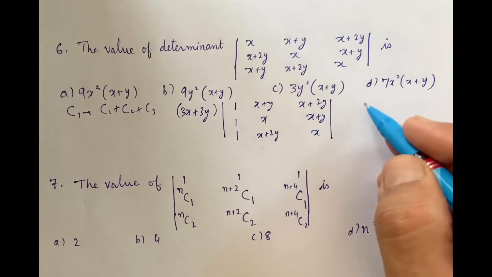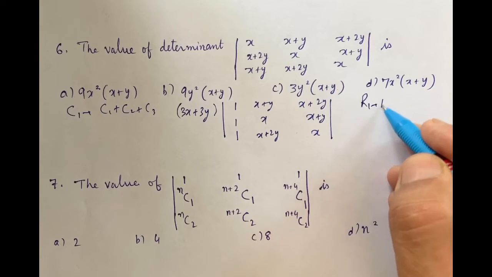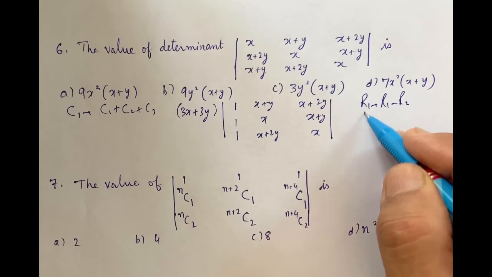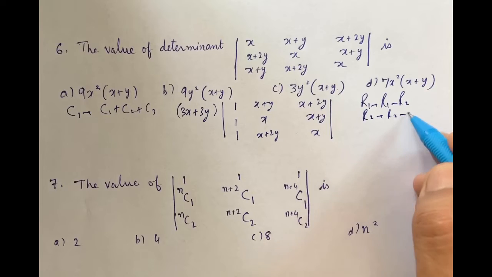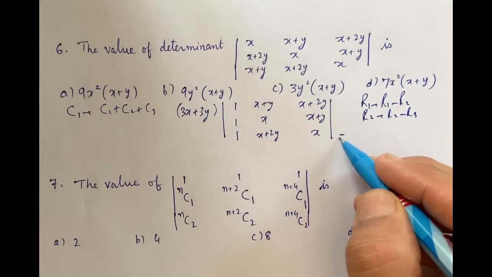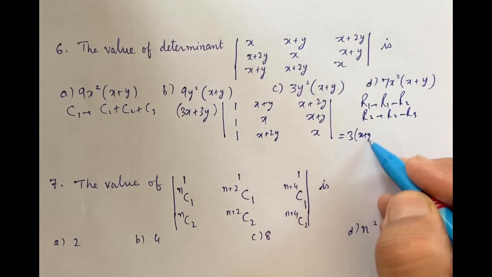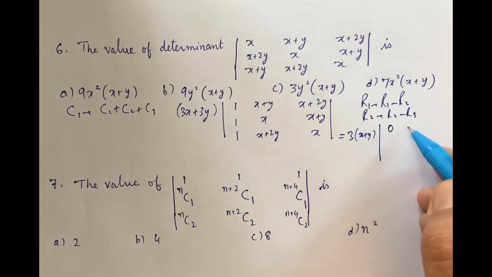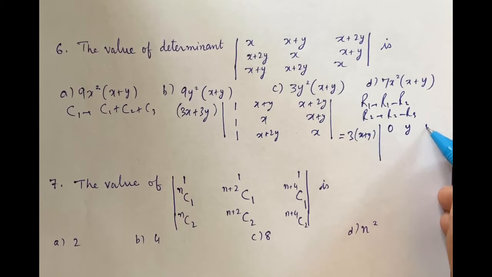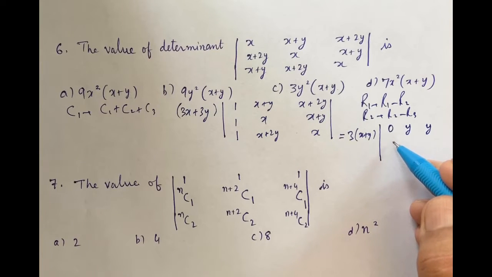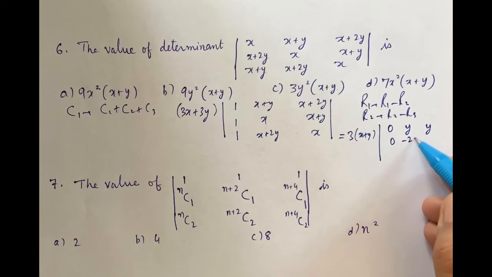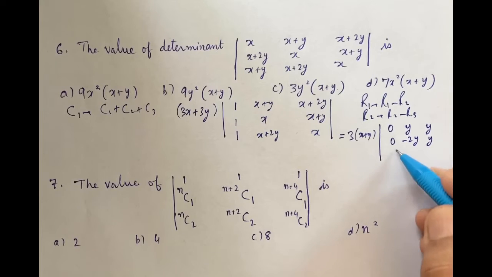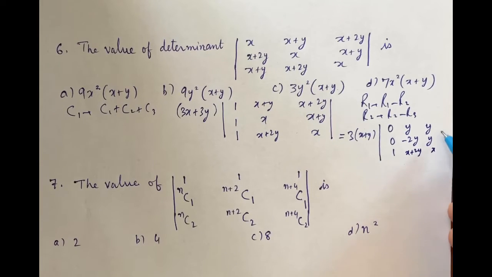Next we change r1 to r1 minus r2 and r2 to r2 minus r3. So this is 3 into x plus y, and r1 minus r2 will be 0, y, y. Then r2 minus r3, this is 0, minus 2y, y. And this is 1, x plus 2y, and x.